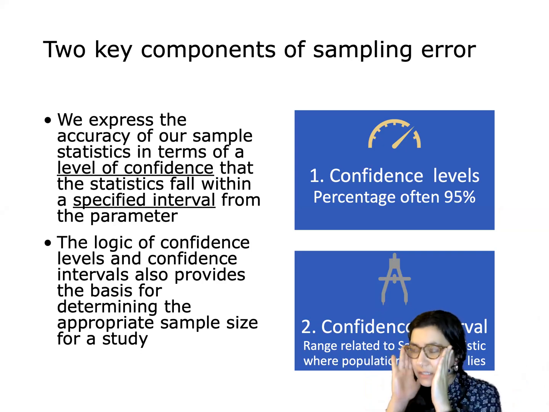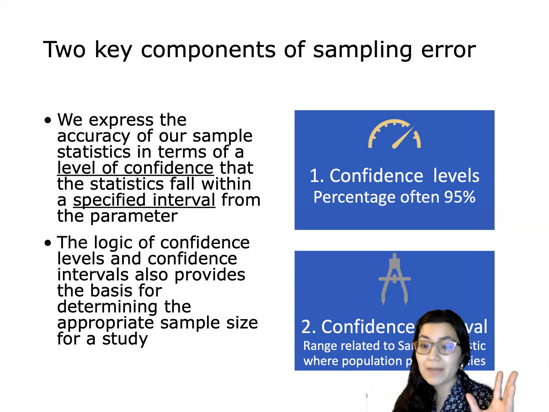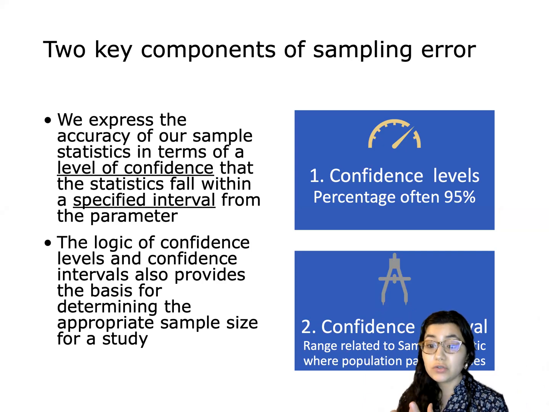So from these statistical, theoretical, mathematical calculations that statisticians have developed, we have these two components that, one, when we're sampling, can tell us the error, but two, can say, all right, before you sample, let's think about the confidence level that we would like, and therefore the amount of sample size that would be ideal for our particular study. And so we express the accuracy of our sample statistic in terms of the level of confidence that the statistics fall within a specified interval from the parameter.